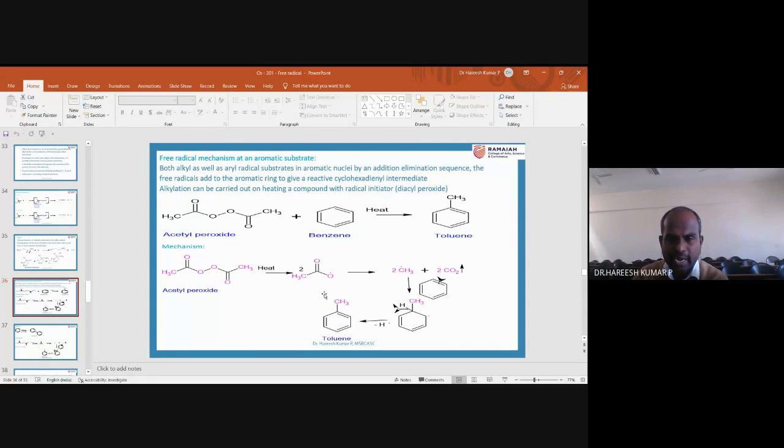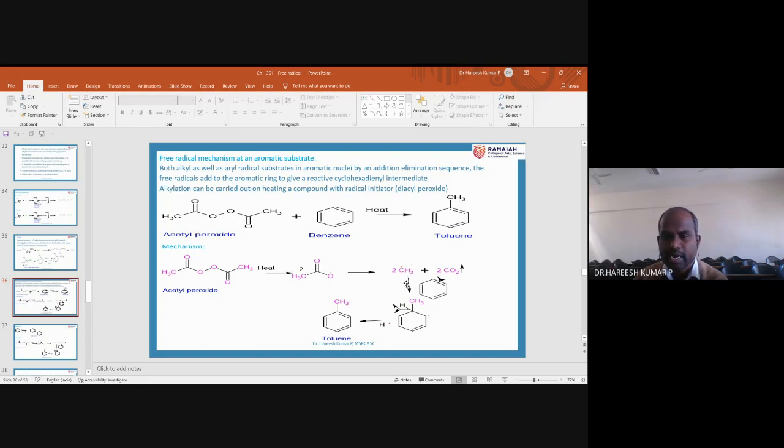This radical further undergoes homolytic cleavage between the methyl group and carbonyl carbon. So that means carbon dioxide, one neutral molecule, and methyl radical is the species.